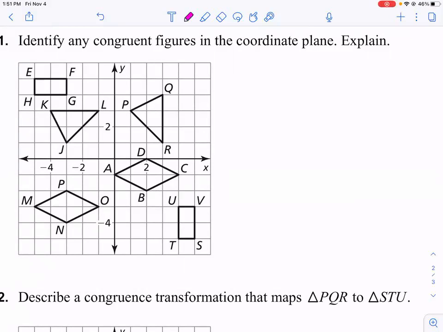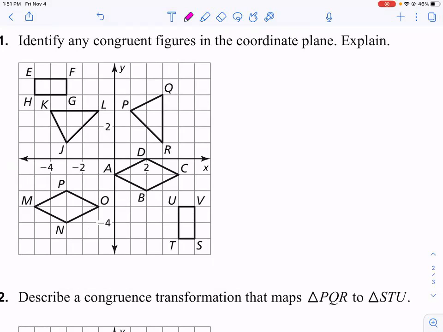What's going to be important is that we match up the letters correctly. Like when I'm matching up these triangles, if I call this PQR, then I need to name this one starting with the point that corresponds with P, then the point that corresponds with Q. Do you see what I'm saying?